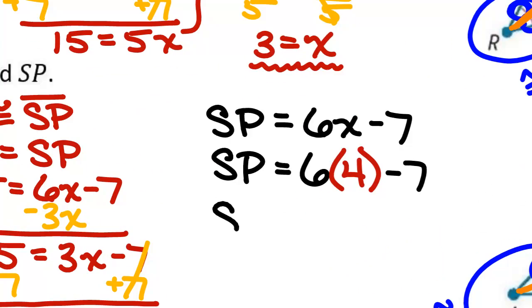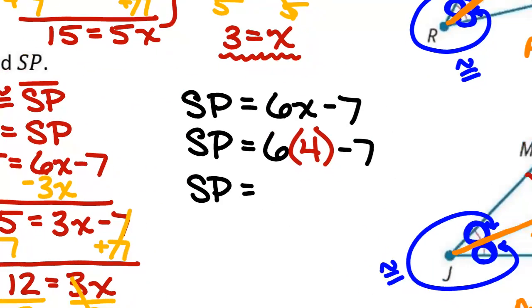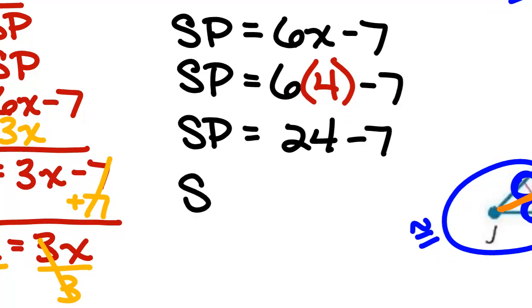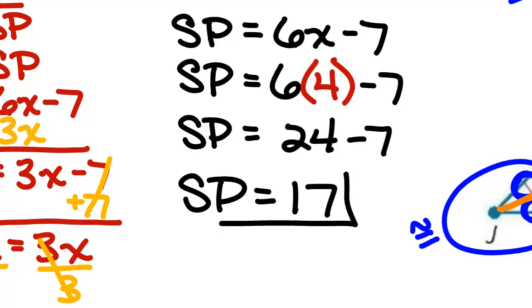What is 6 times 4? 24. And 24 minus 7 is how much? What is 24 minus 7? 17. Beautiful.